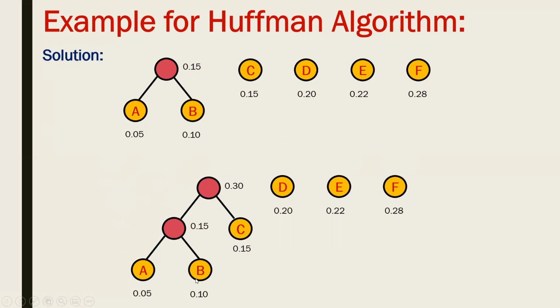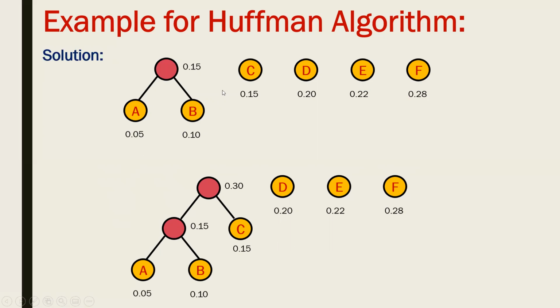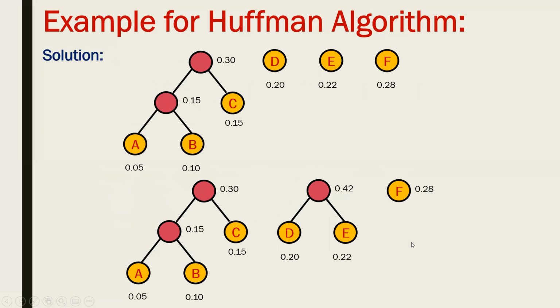You can see that all the yellow nodes are leaf nodes and the pink nodes are intermediate nodes. Now again scan from left to right and find the two nodes of least weight. This time we get D and E as the least probability nodes, so we combine D and E. We get 0.20 plus 0.22 means 0.42.